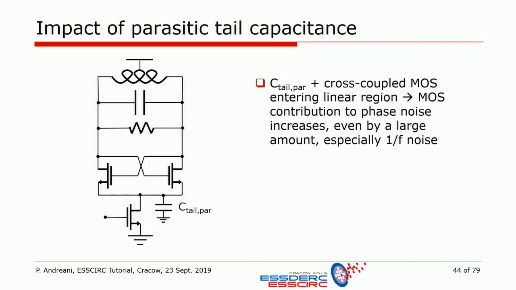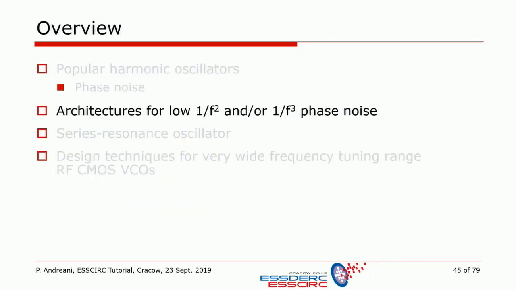So the two things together, devices entering the linear region and lots of parasitic capacitance there, then there is really a boost of both white and especially 1/f noise into phase noise. Very troublesome. On the other hand, this parasitic capacitance is really good to filter off high frequency noise from the tail.